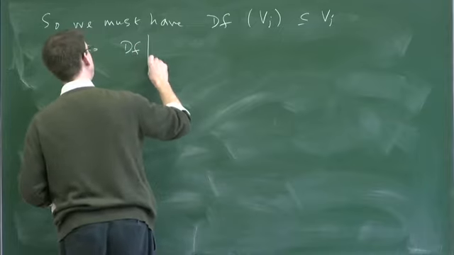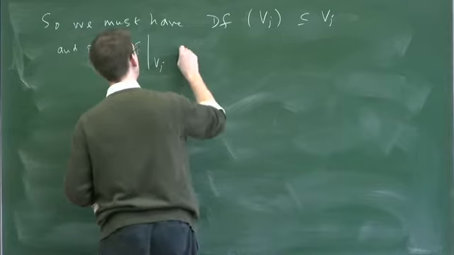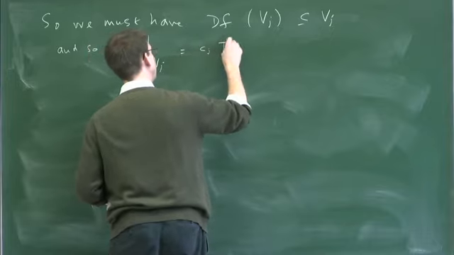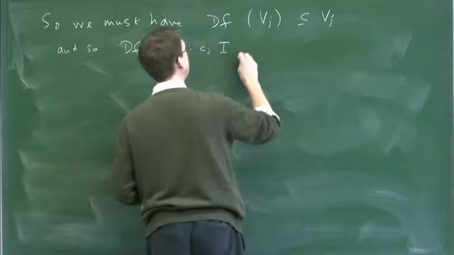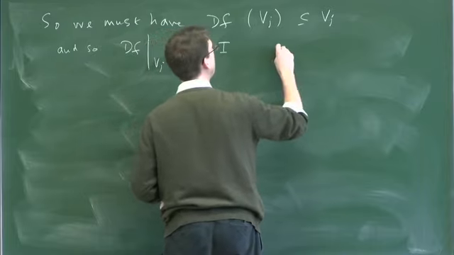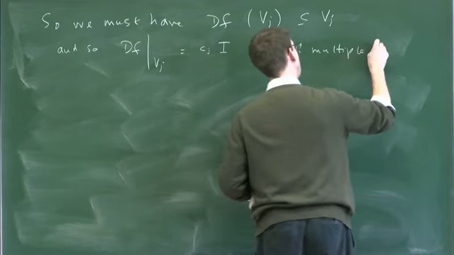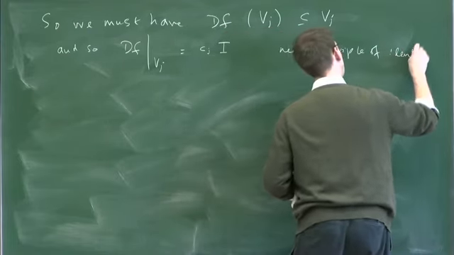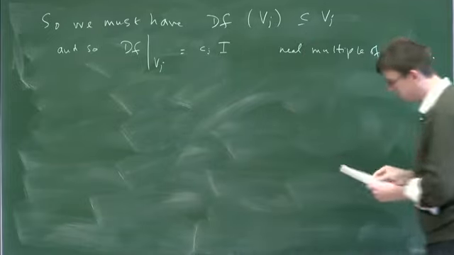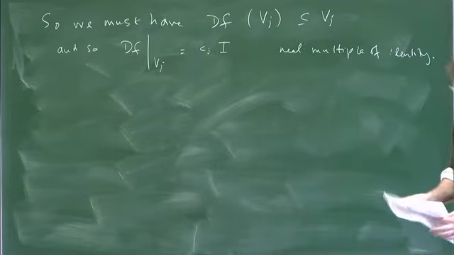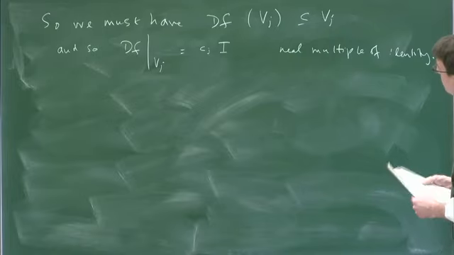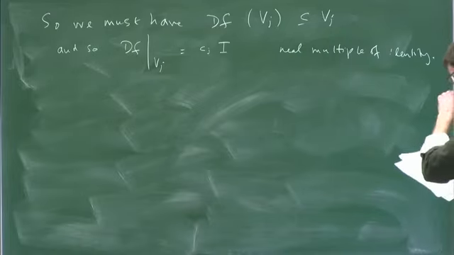And so df on that subspace must be some multiple of the identity. So in other words, the Jacobian matrix must be block diagonal and it has only real eigenvalues.